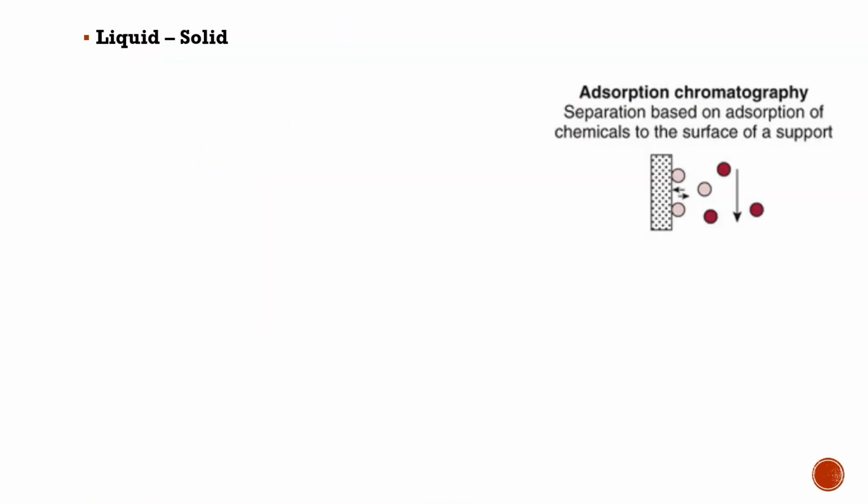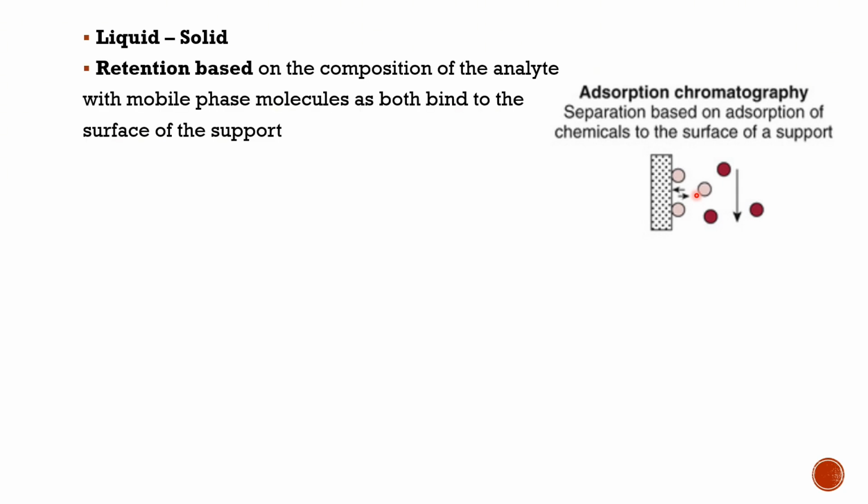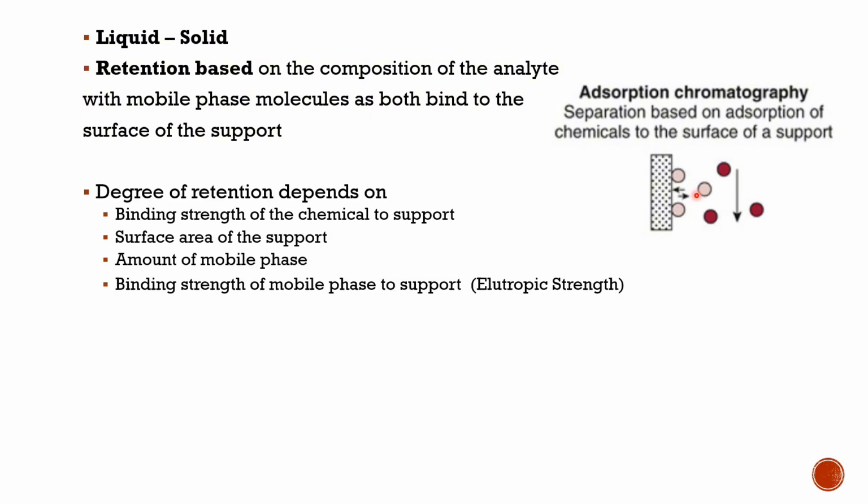The first one is adsorption chromatography, where the sample is passing and some components will adsorb to the stationary phase. As I showed you, the concept of adsorption is that it just interacts with the solid phase. It is retained based on the composition of the analyte with the mobile phase, and binds to the surface of the support.